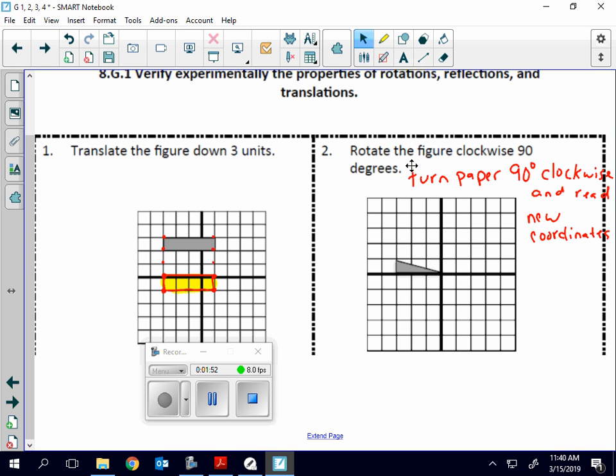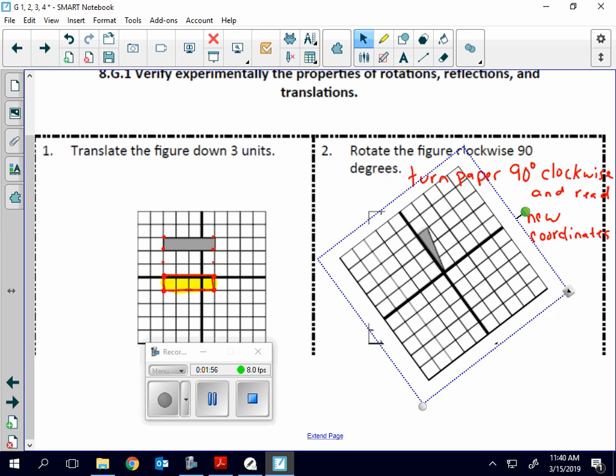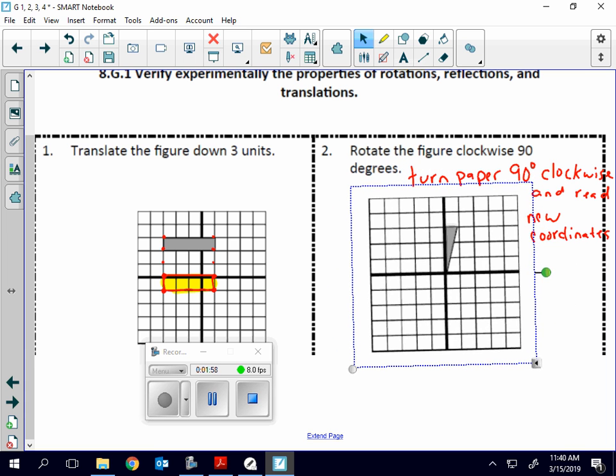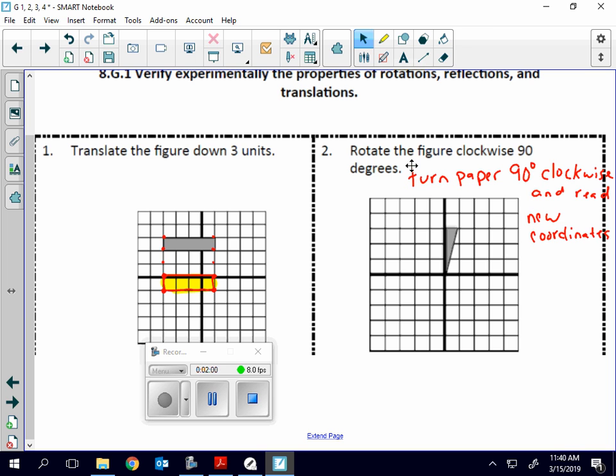So I'm going to take my figure and rotate it 1/4 turn, which is 90 degrees. So your paper should look like that. And we're going to read these coordinates of the edges. We're pretending that this goes all the way to the edge there.